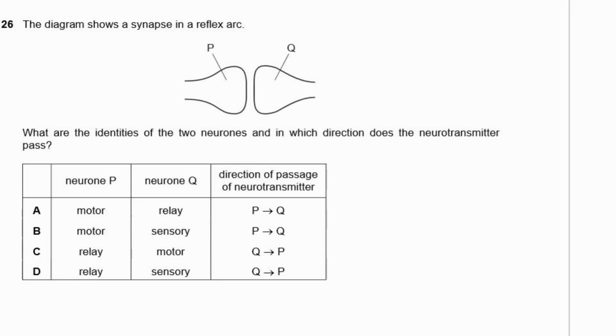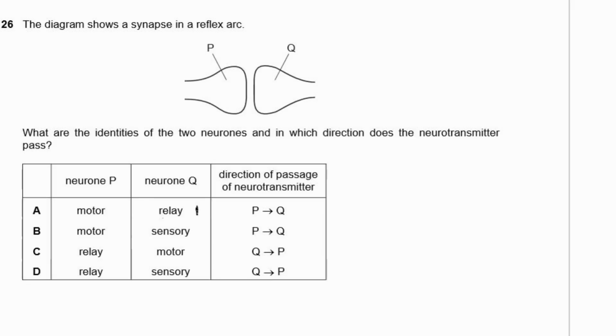Question 26. The diagram shows a synapse in a reflex arc. Okay, so we have two nerve endings, P and Q. You can't tell which is which. It says, what are the identities of the two neurons and in which direction does a neurotransmitter pass? First of all, we have to look at whether the neurons they state actually connect. Does the motor neuron connect with the relay neuron?